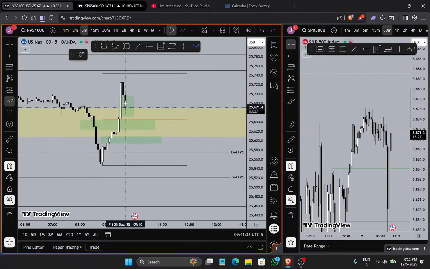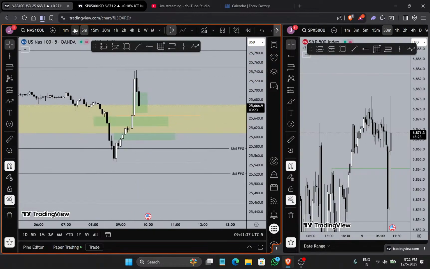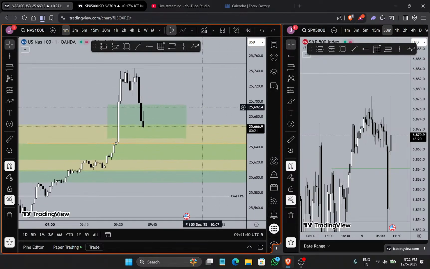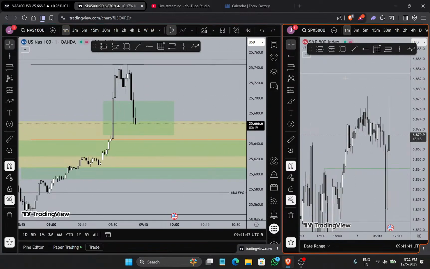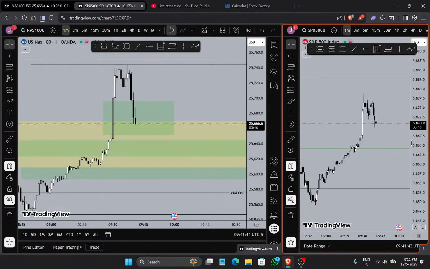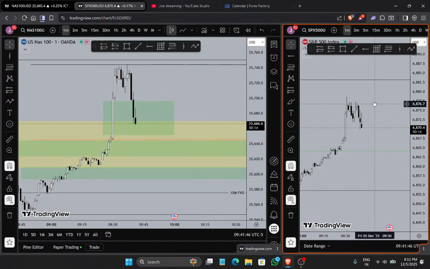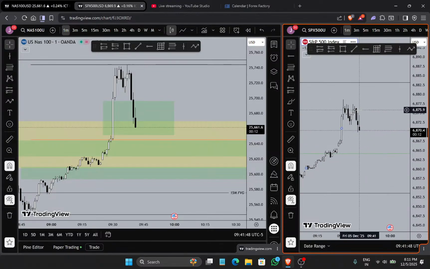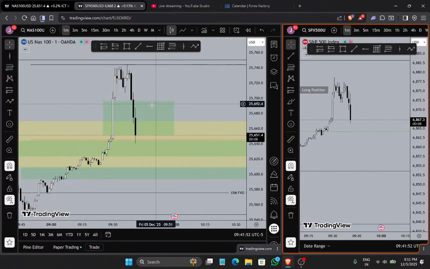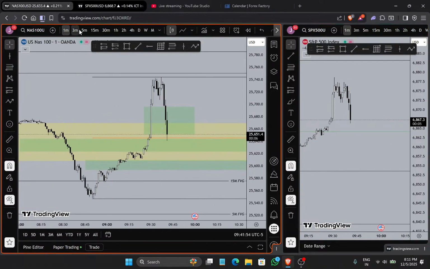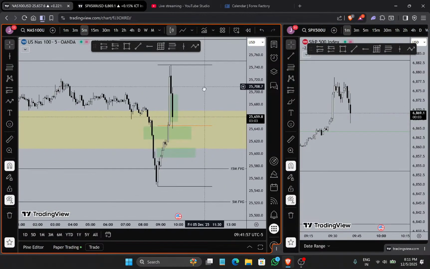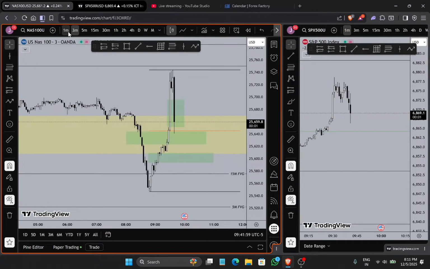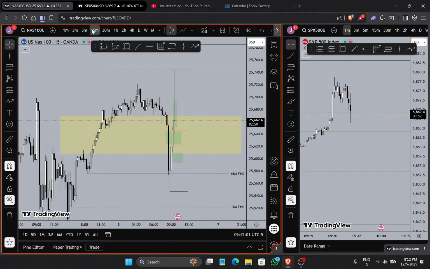Maybe a trade from here is better than from here. We have this equity here. Yeah, we tap into that level. Let's see if we can do something about that.